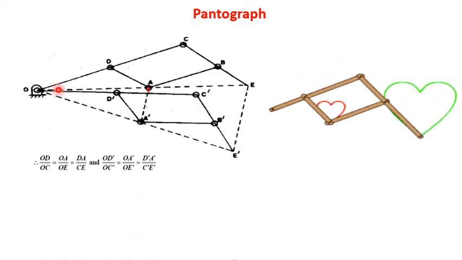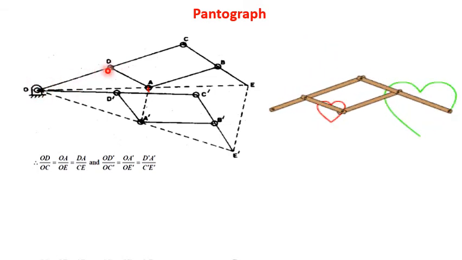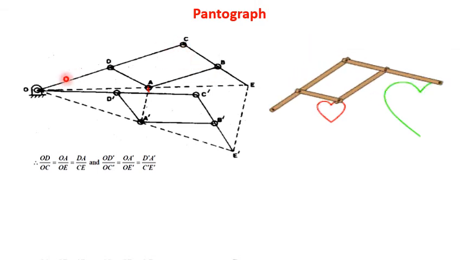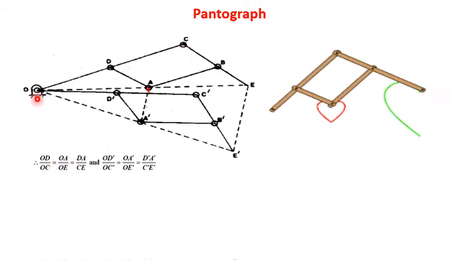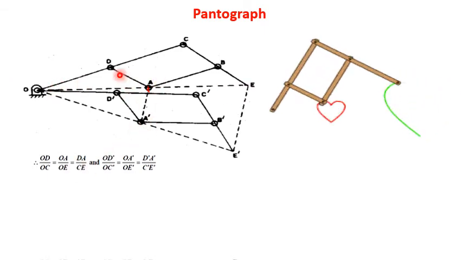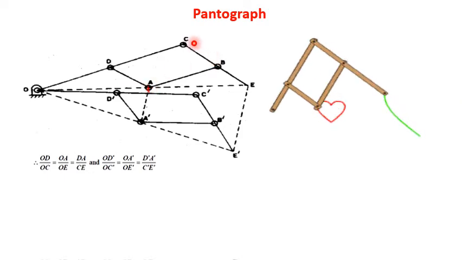Therefore, by using the similar triangle concept, OD divided by OC, because these two are similar triangles, is equal to OA by OE, which is equal to AD by CE.